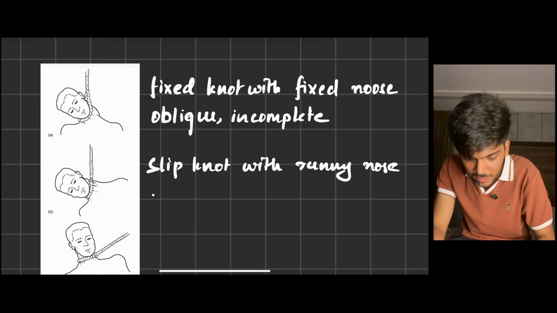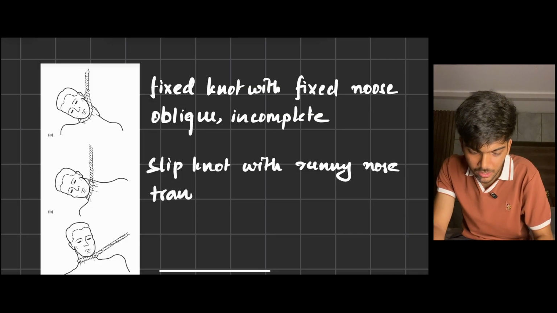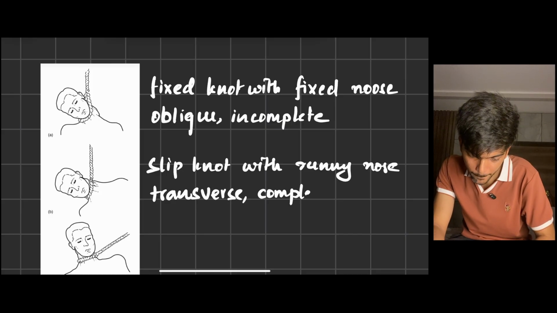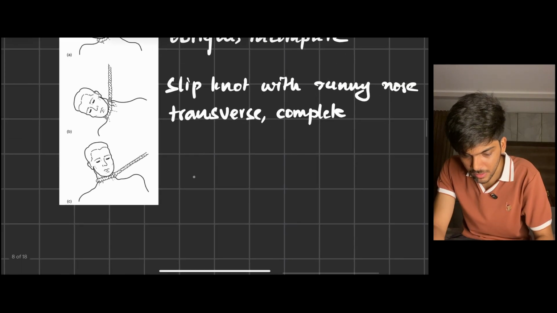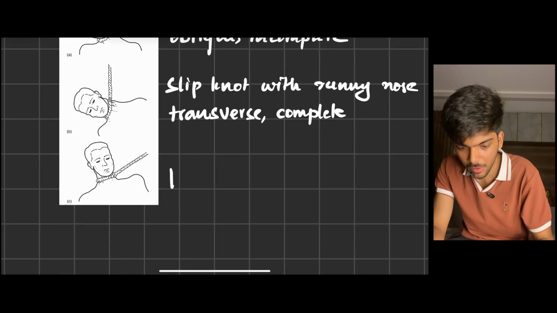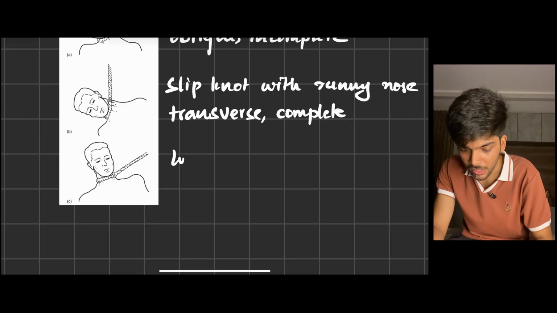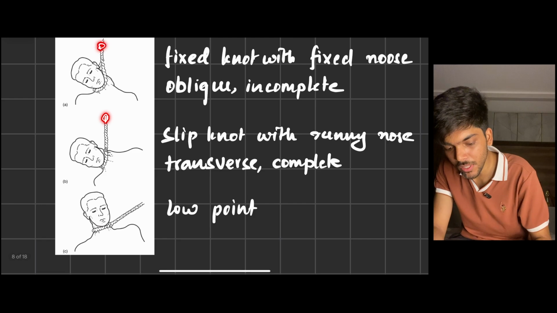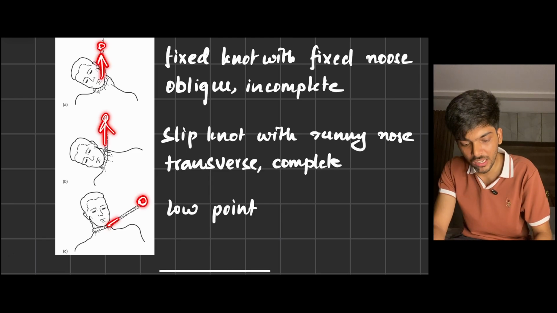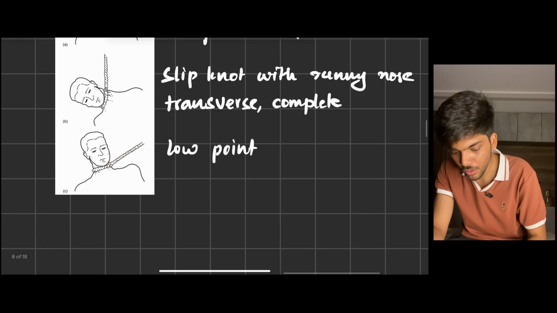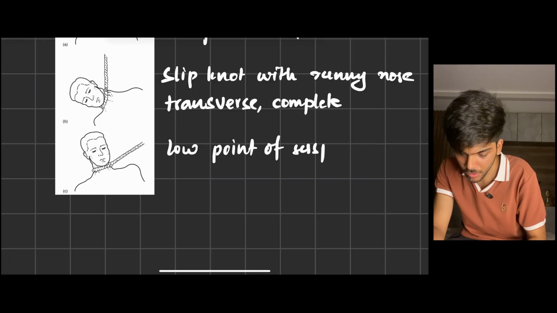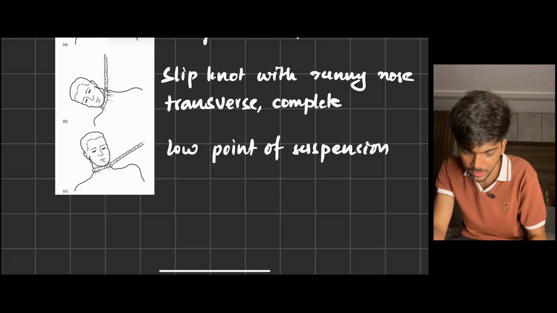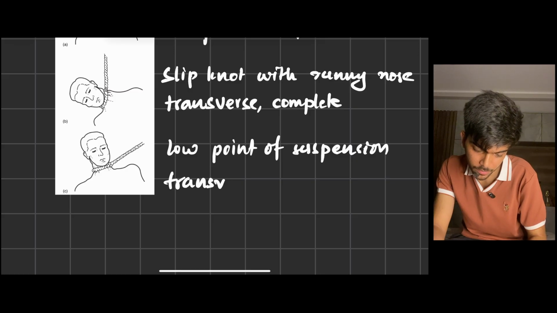It has given us a transverse, complete ligature mark. What is this? This doesn't matter, the type of knot or the type of noose, whatever, but it has a low point of suspension. Both of them have a high point of suspension. This has a low point of suspension, due to which you get that transverse ligature mark.